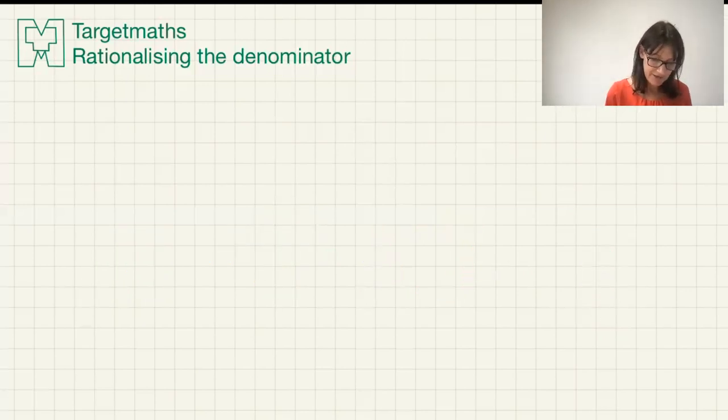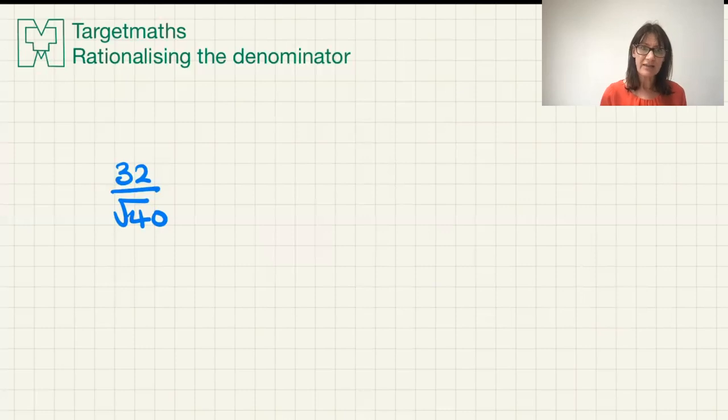Okay, so let's say we've done a piece of maths and we've ended up with this result. We've got 32 over root 40. Now, straight away, I'm looking at that and I'm thinking, okay, that's a root on the denominator, can't have that, gonna have to sort it out.